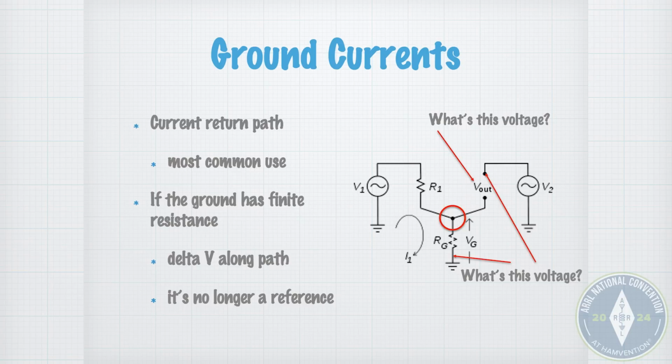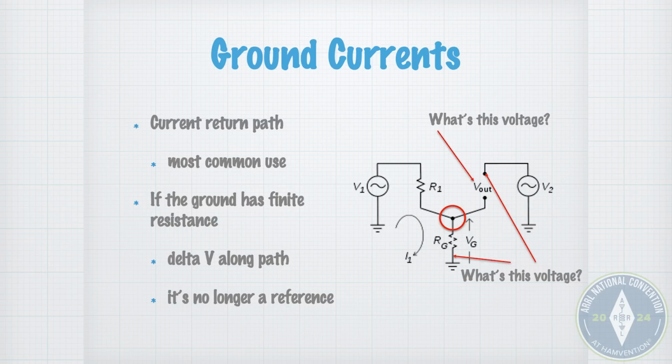Well, it's a function of how much current is flowing through that V1, R1, and into the ground. And then it gets more complicated. So what's that voltage? Well, I'm not really sure, because I don't really know what RG is, and I don't know what that current is, maybe. So now I'm getting a little bit more confused.